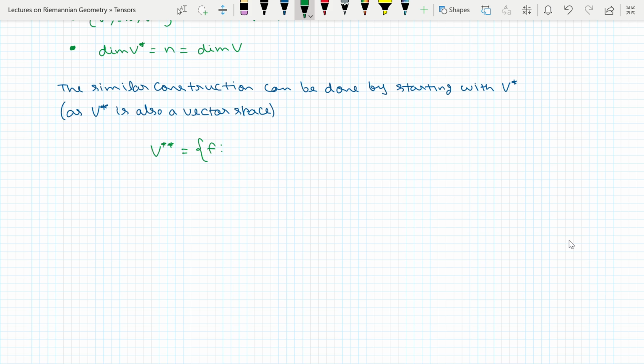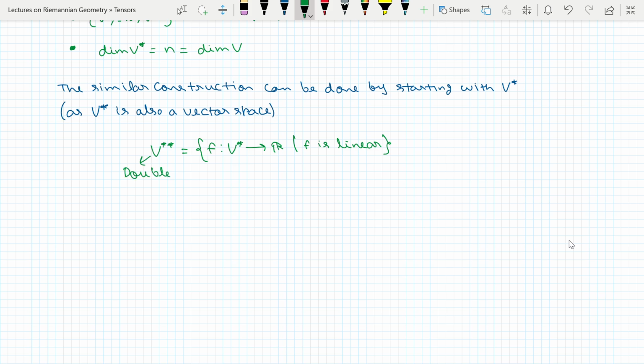Earlier we had the function f going from V to R because we started with the vector space V. But now we are starting with the vector space V star, so this will contain the functions from V star to R, such that f is linear. Okay, this is known as the double dual.